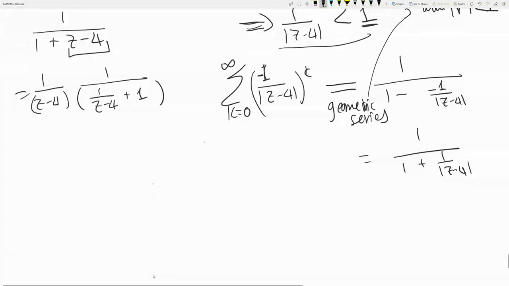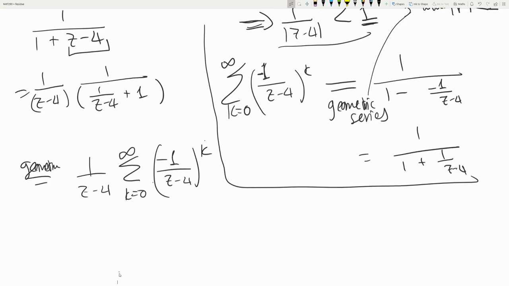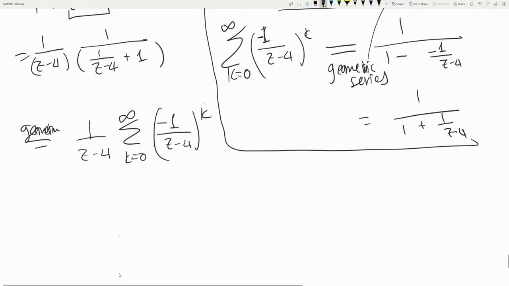So now I can apply the geometric series, and I get a summation of (-1/(z-4))^k. Let me remove the absolute value to see that it's the same. Okay, all right, so that's it.